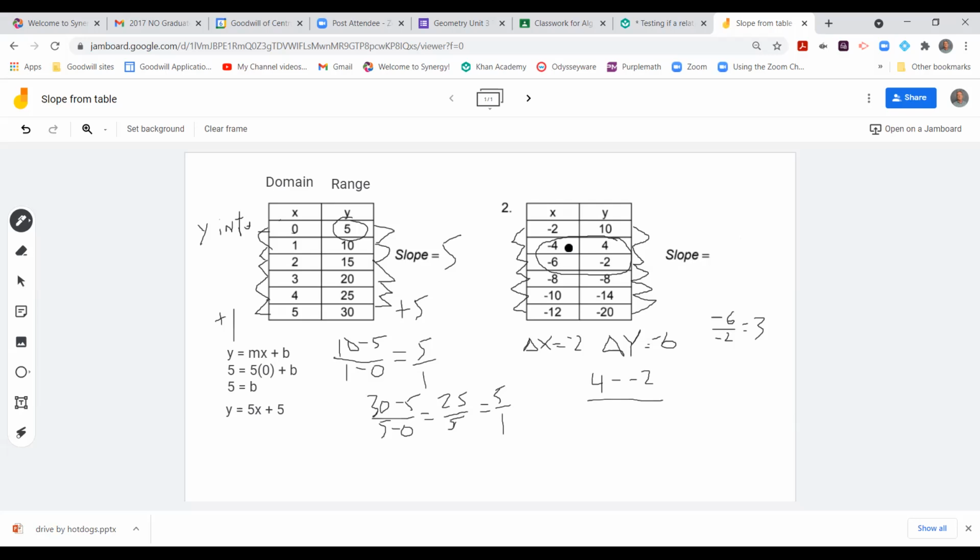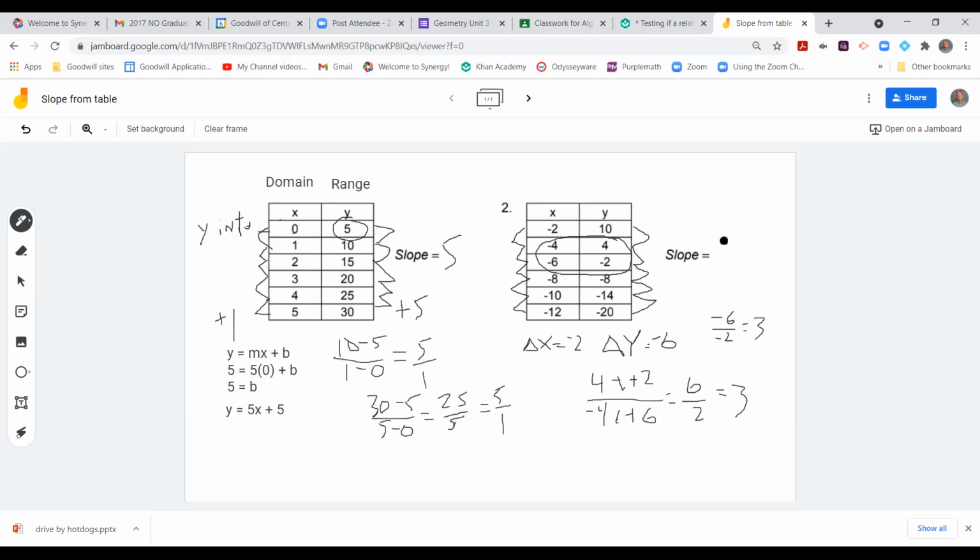Somebody else got 3? Okay. All right. Okay, cool. So -4 minus -6, which means these become positive. And I'm going to get 6 over 2 again. On the other way I did it, I got -6 over -2, but it gives me the same result, -3 or +3.